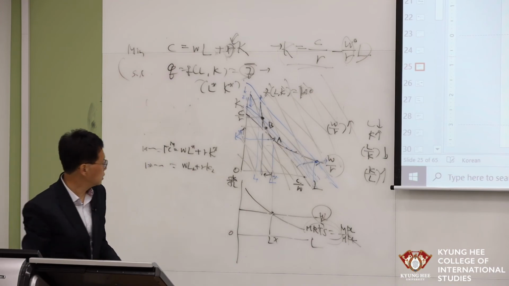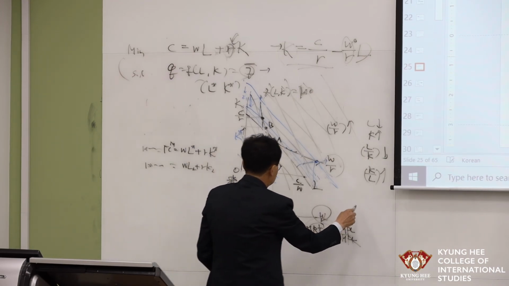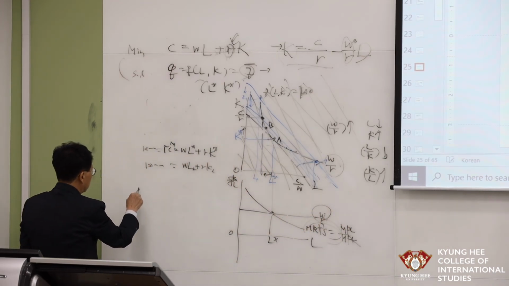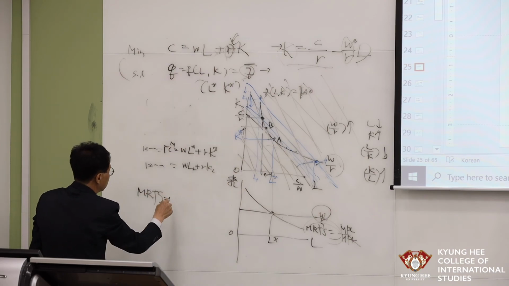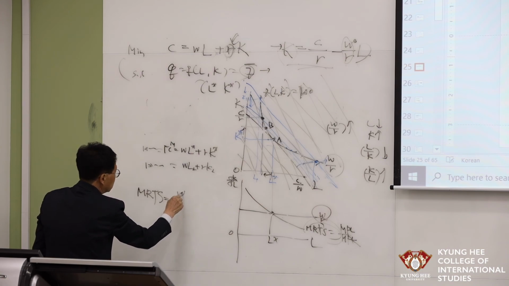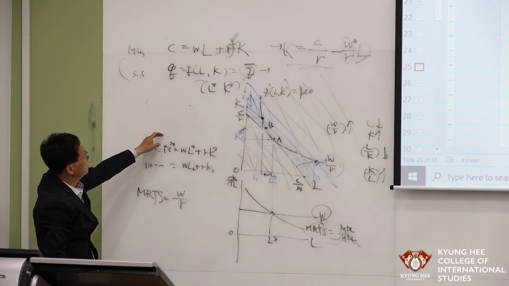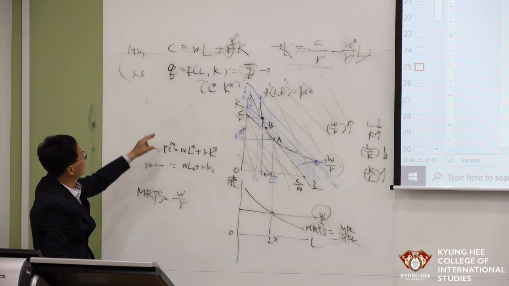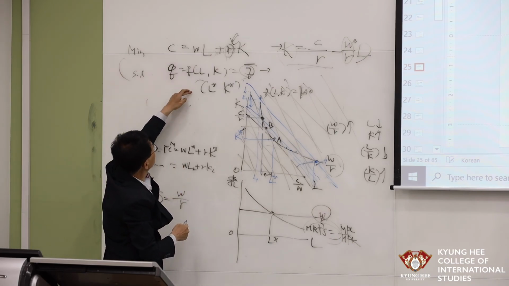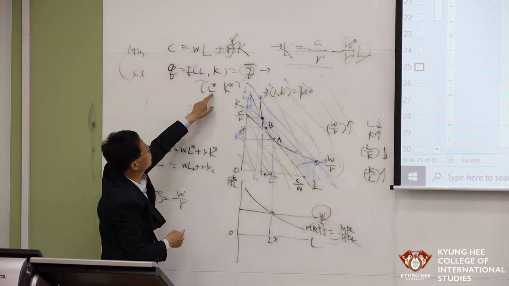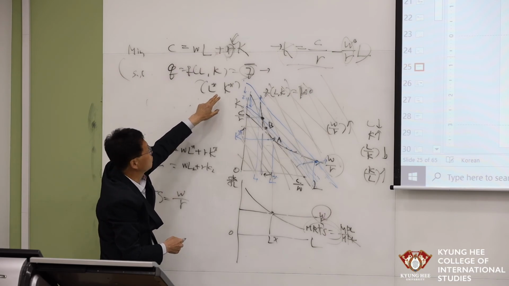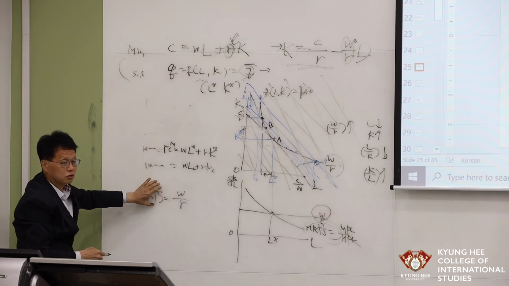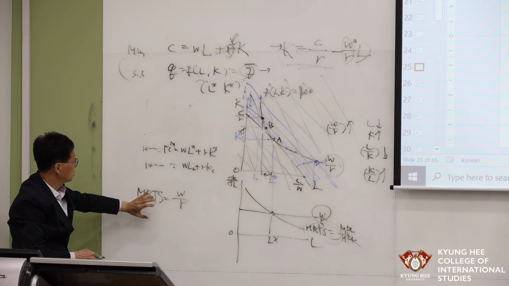Okay, so rewriting, the equilibrium condition of the cost minimization problem is MRTS equals W over R. When solving this cost minimization problem to find the optimal employment of labor and capital, or the optimal labor demand and capital demand from the perspective of the firm, this condition should be satisfied, right?